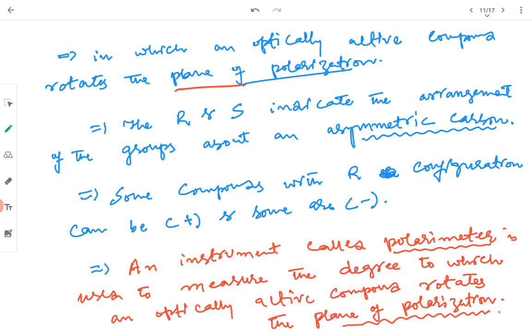They only show the direction of rotation. If it is to the right, clockwise, we show it by a positive sign. If it is counterclockwise, we show it by a negative sign.